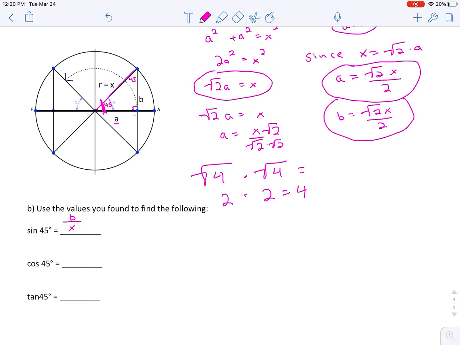Well, b was the square root of 2 times x over 2, and that is going to be over x.